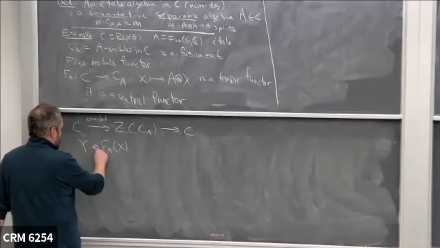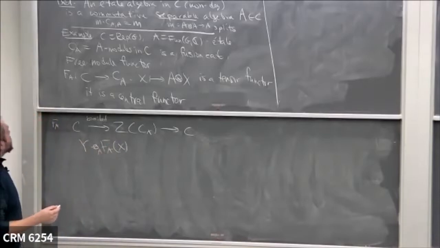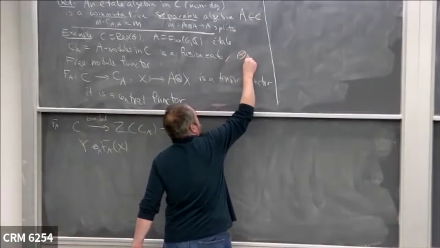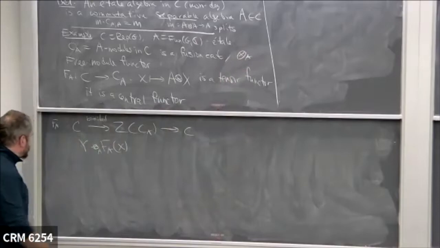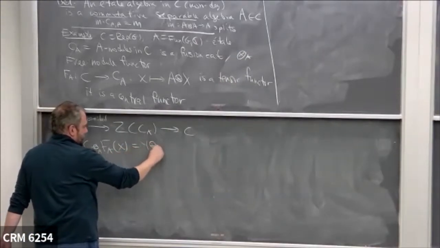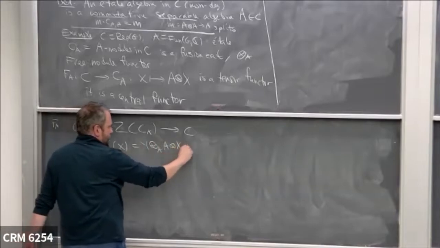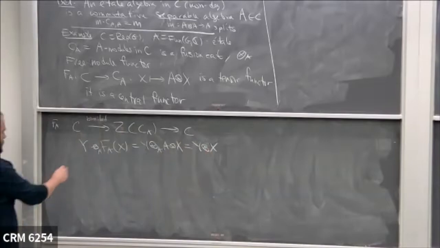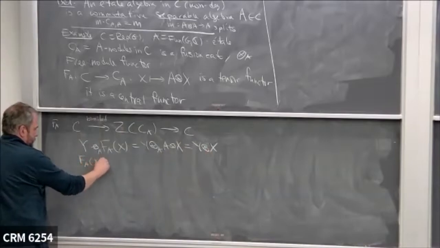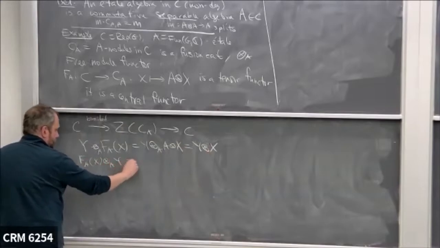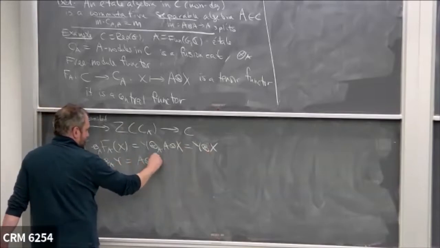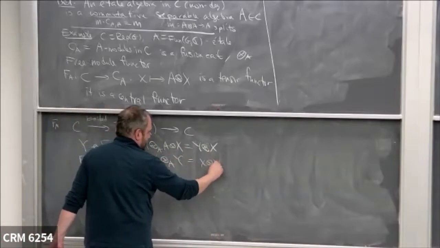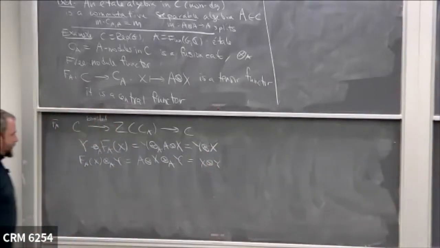But now, what is this? Of course, this C_A is a tensor category, and the tensor product is the tensor multiplication over A. So this is Y tensor over A of A tensor X. So this is just Y tensor X. On the other hand, if you do it the other way around, tensor in this order, then it's going to be A tensor X tensor over A of A tensor Y, and this is X tensor Y. Now, there is a braiding in C that maps one into another, right?